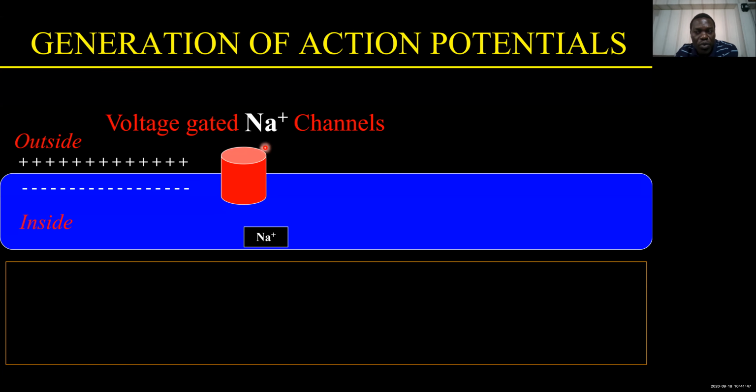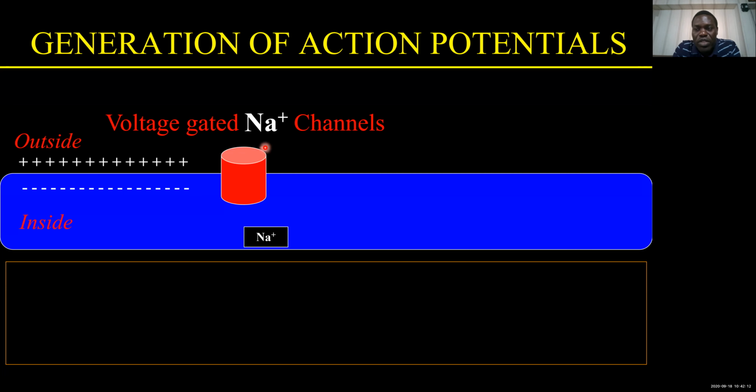Now, I'm bringing a new concept. When we talked about transport across the cell membrane, we mentioned that we have leaky channels, gated channels, and pumps. We've talked about leaky channels: sodium leaky channel, potassium leaky channel, chloride leaky channels. We talked about them.